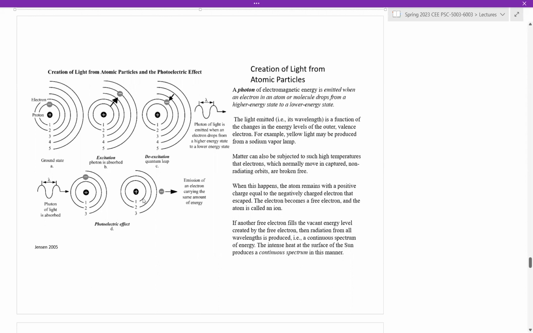So this is the photoelectric effect, and this is how solar panels work. The solar light hits the silicon cells in a solar panel, and the electrons jump to a higher state.